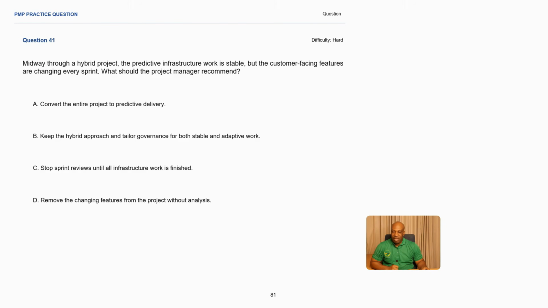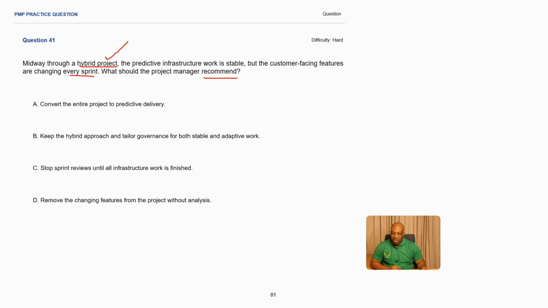Practice question number 41. Midway through a hybrid project, the predictive infrastructure work is stable, but the customer-facing features are changing every sprint. What should the project manager recommend? So let us look at our problem statement here. Midway through a hybrid project. Okay, so it's a hybrid project.